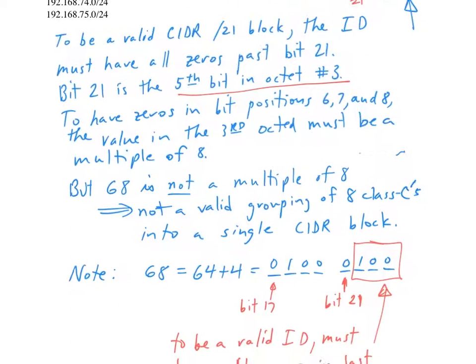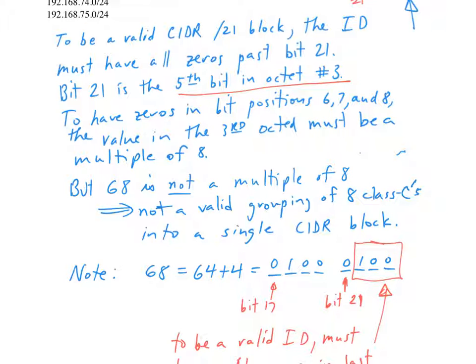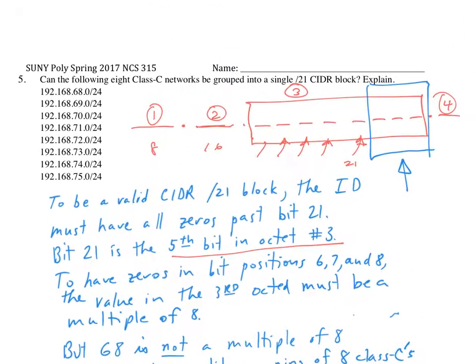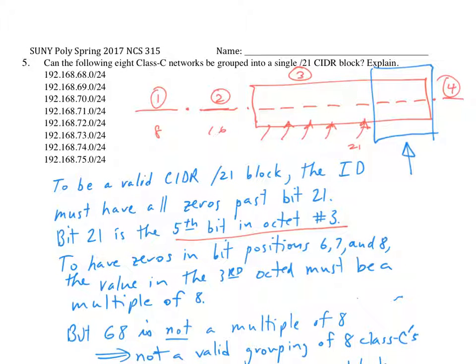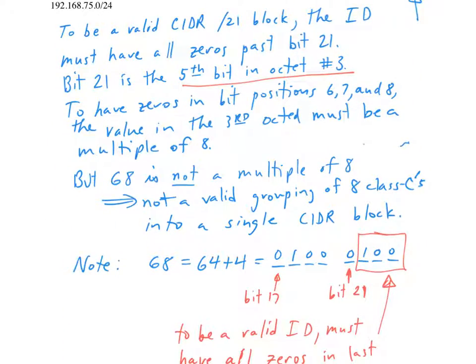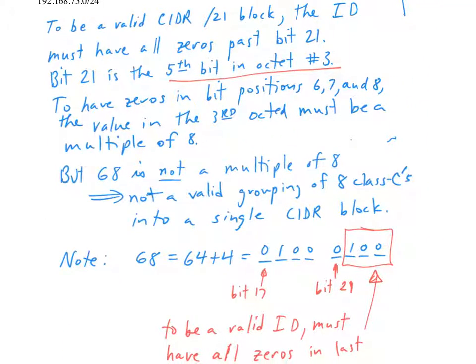And so to have zeros in bit positions 6, 7, and 8, the value in the 3rd octet must be a multiple of 8. And in this case, starting at 68, 68 is not a multiple of 8. And so this is not a valid grouping of 8 Class C's into a single CIDR block.